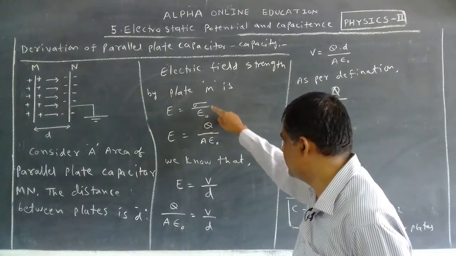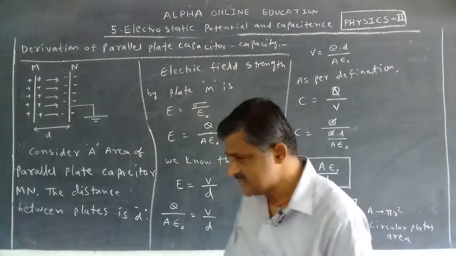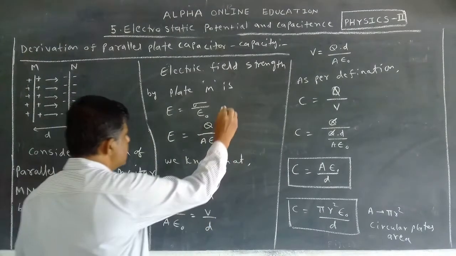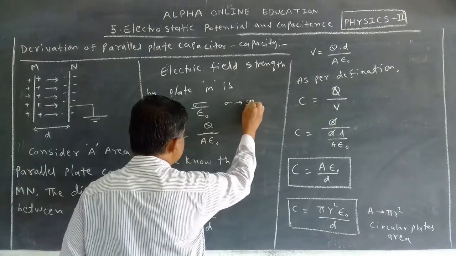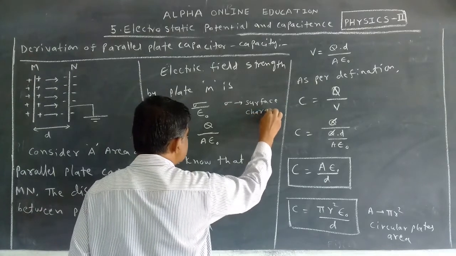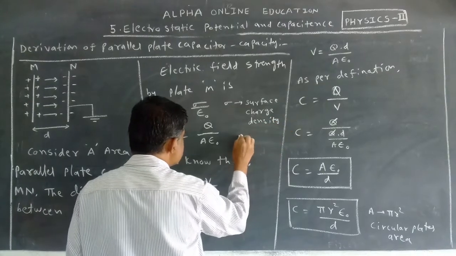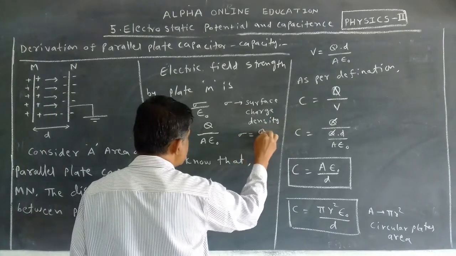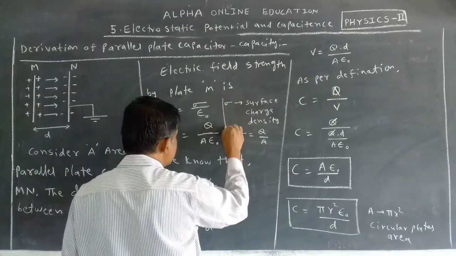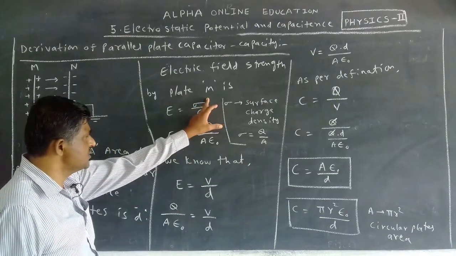So instead of sigma we can take Q by A. This surface charge density sigma is equal to Q by A. This we proved in the previous chapter.